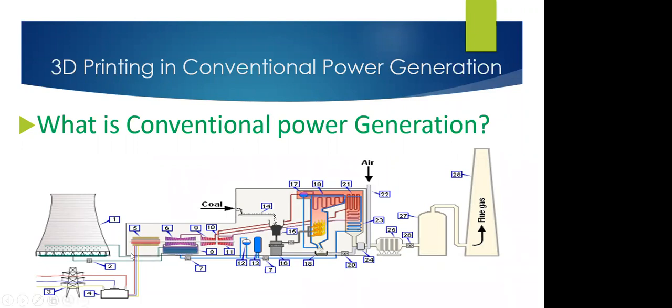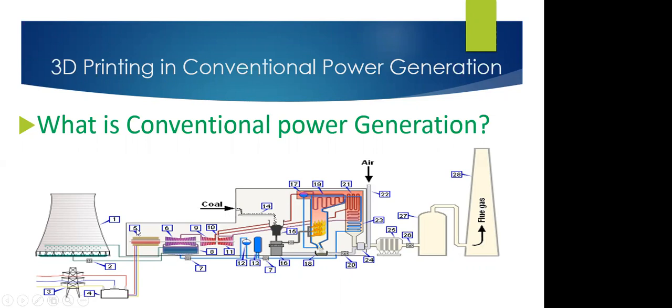Number one is the cooling tower. Two is the cooling water pump. Third, the 3-phase transmission line. Fourth, the step up transformer.